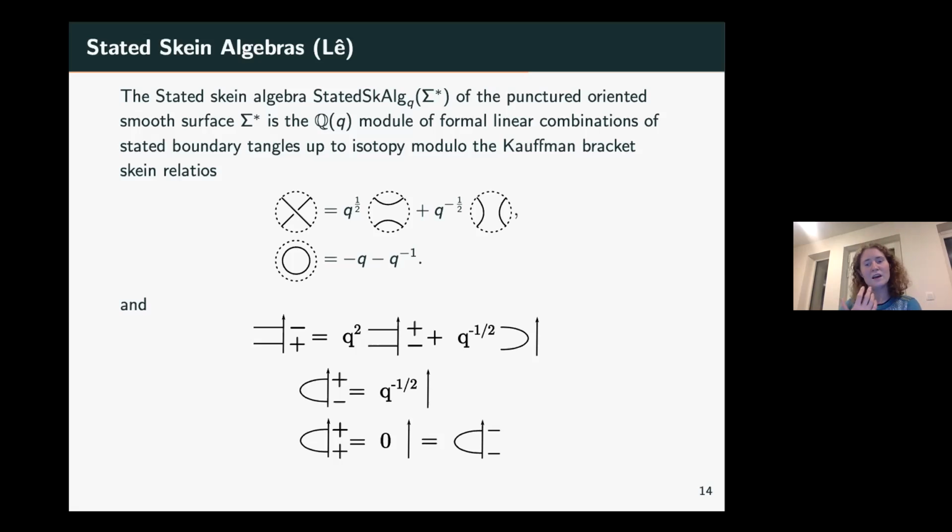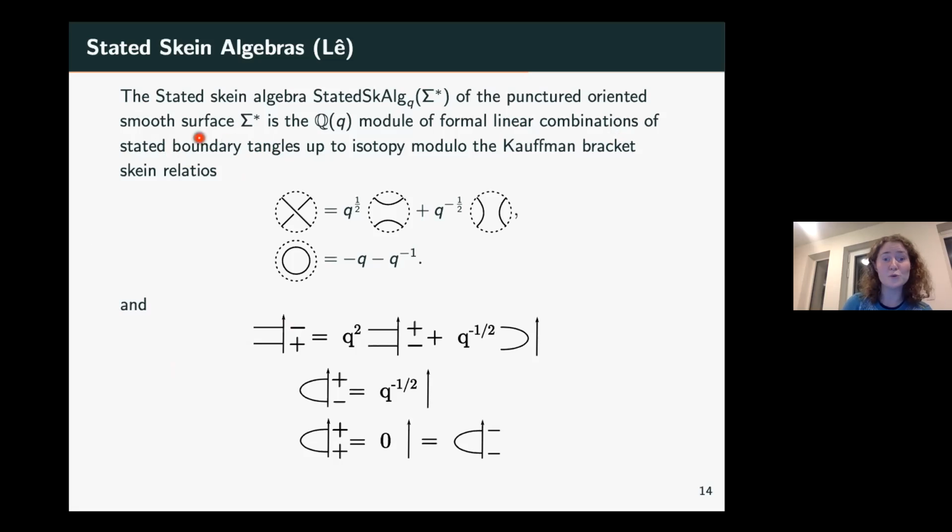So these are not Skein algebras, because they are no longer closed links. The point is that if you take standard non-directed links in your surface, and you allow them to meet with the boundary of your thickened surface, and if you give each of these points where it meets the thickened boundary a value plus or minus, you get something called a stated boundary tangle.